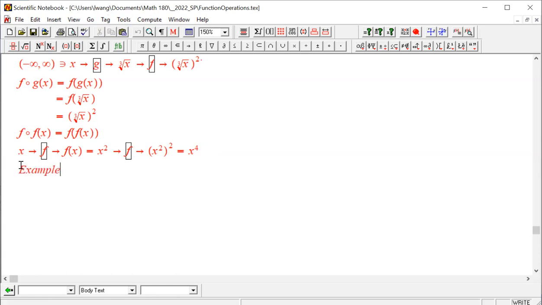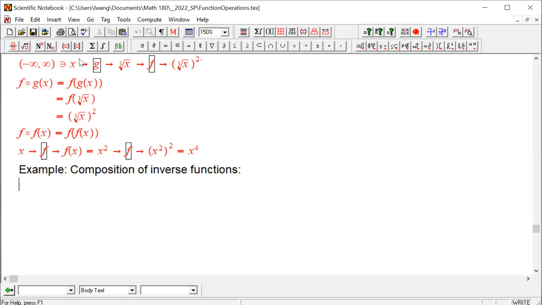Another important example we're going to talk about is composition of inverse functions.